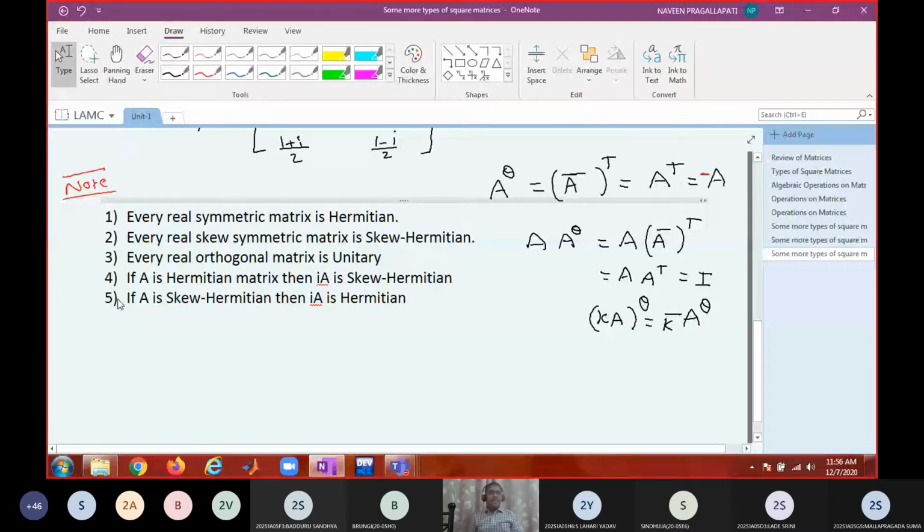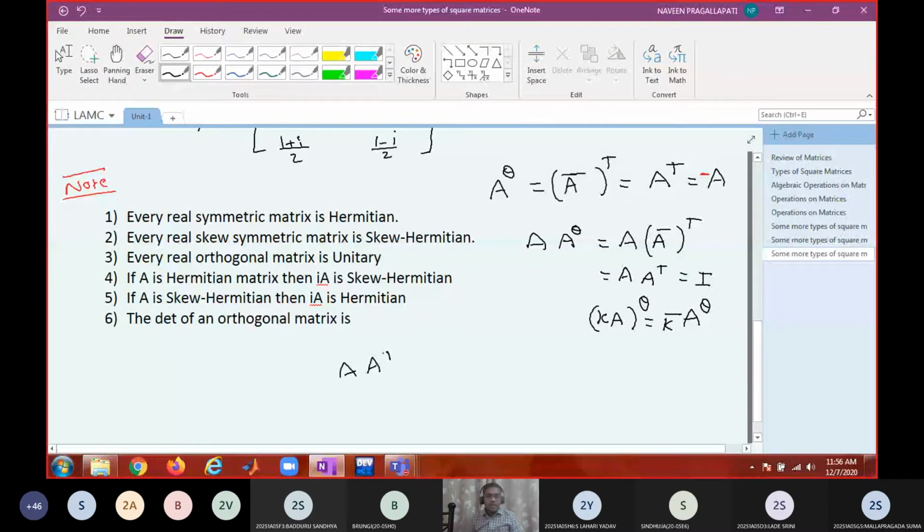Is that okay? Now, what could be the determinant of an orthogonal matrix? Though we haven't discussed determinants, with the assumption that you know already, tell me the determinant of an orthogonal matrix. 1? Wrong. Orthogonal means what?